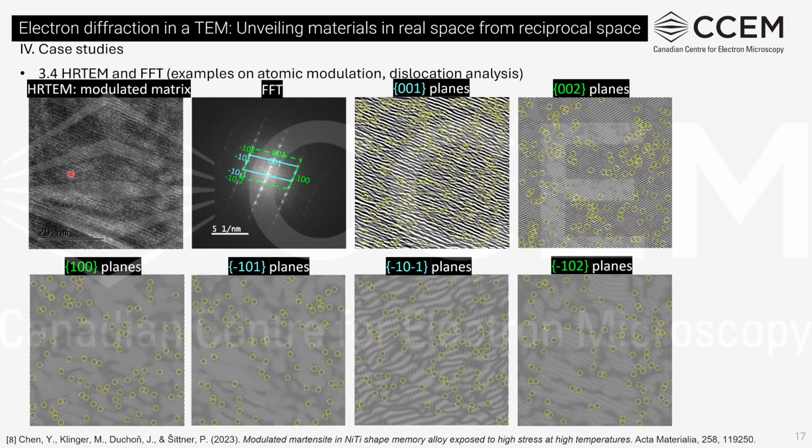We get the FFT from the high-resolution TEM. What we do for GPA analysis is to select spots from the FFT and do inverse FFT in order to generate fringes of selected lattice planes.